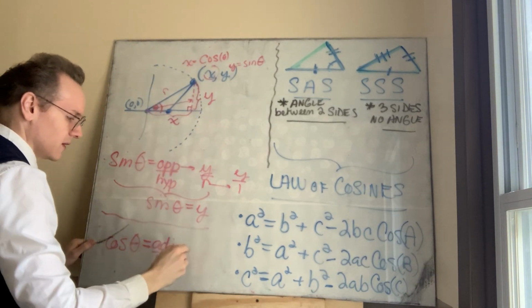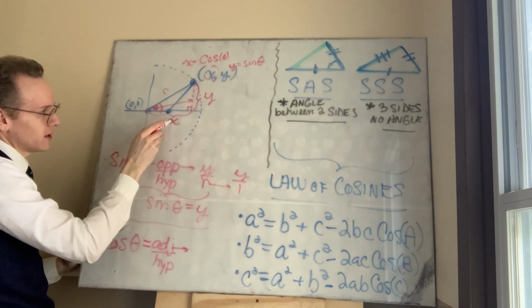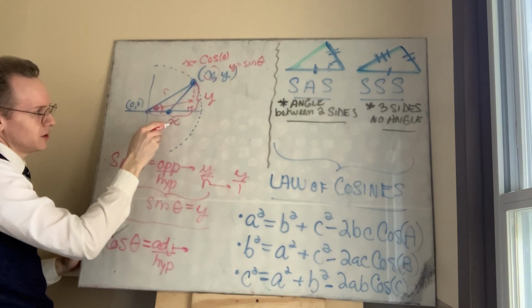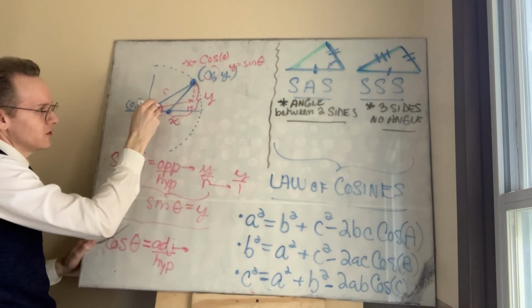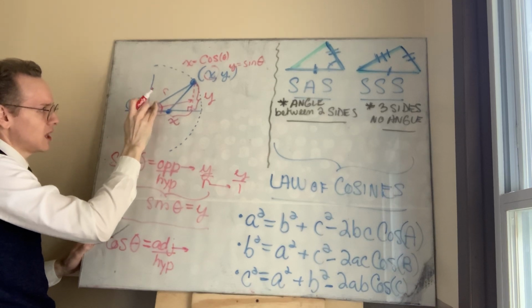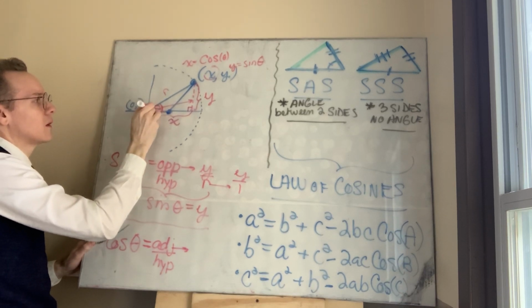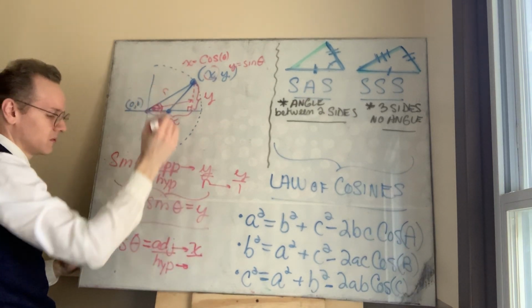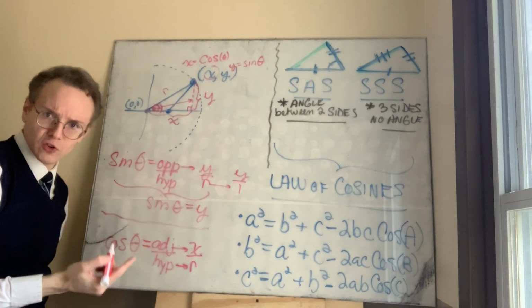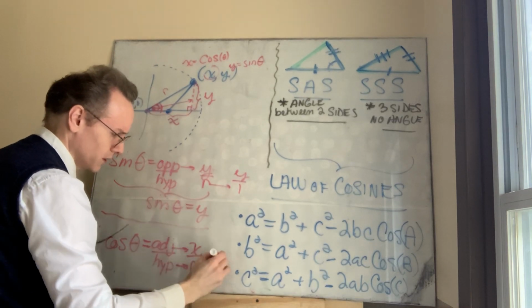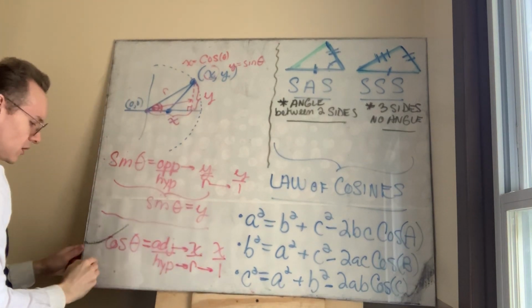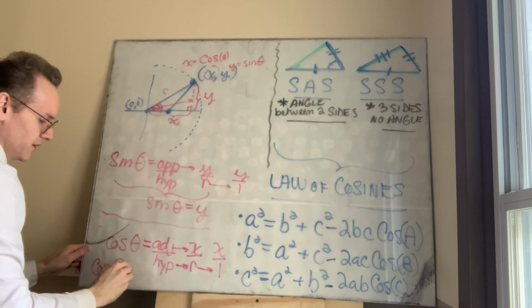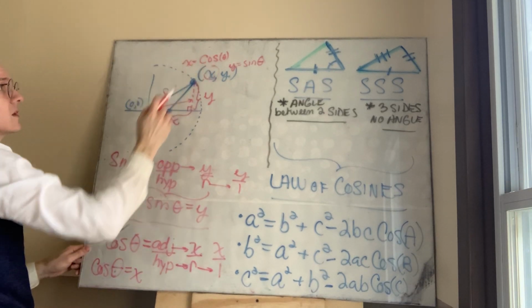If it's adjacent, we're talking about a linear dimension adjacent to this angle here. Then it would be x over r. And again, if it's a unit circle, then r appropriately would be 1, which means that cosine of theta is just simply x. Right?